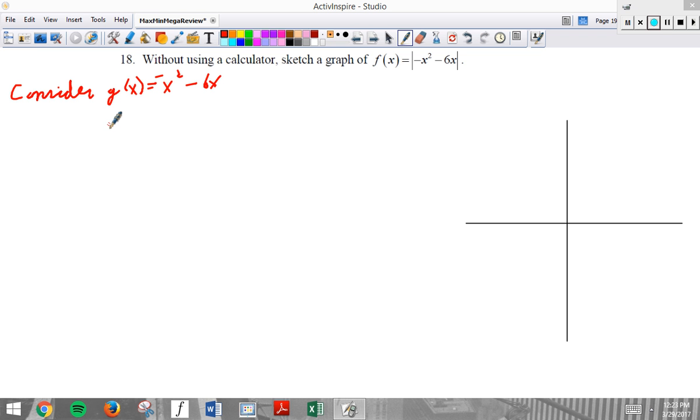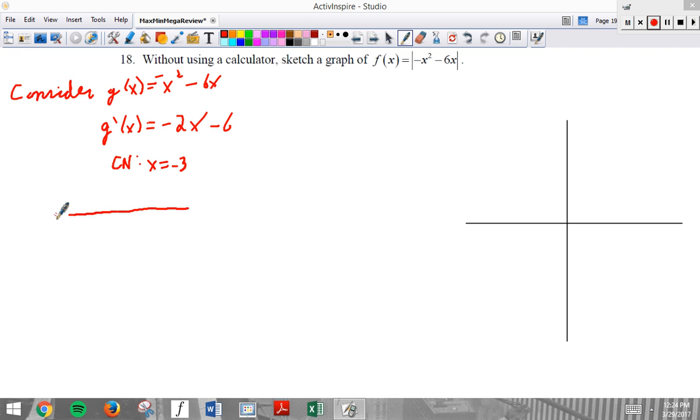Well, g prime of x equals 0. Equals negative 2x minus 6. So the critical number happened to be negative 3. I'm getting sloppy, sorry. X equals negative 3.